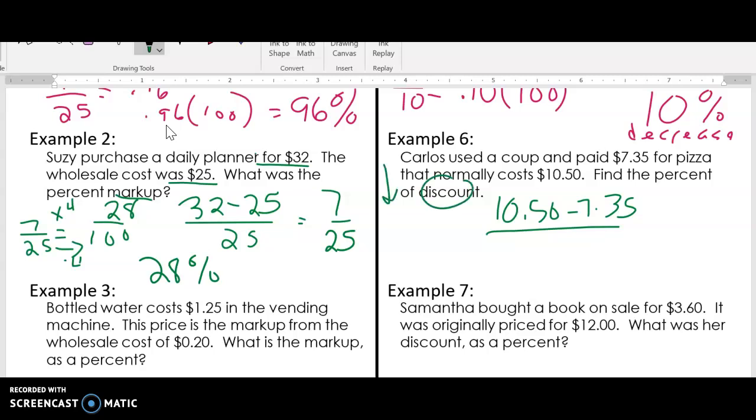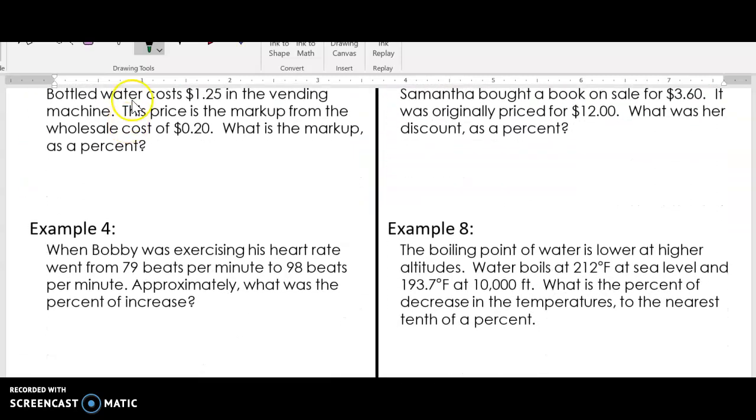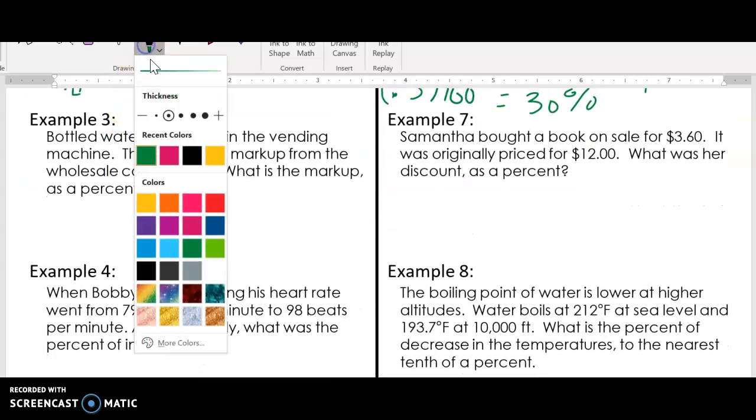So I have to take the original, which is $10.50, and I get $3.15 divided by $10.50. That becomes 0.3, but I have to do it as a percentage. So I have to multiply it by 100, which gives me 30%. So I bought my pizza 30% off. Love saving money.